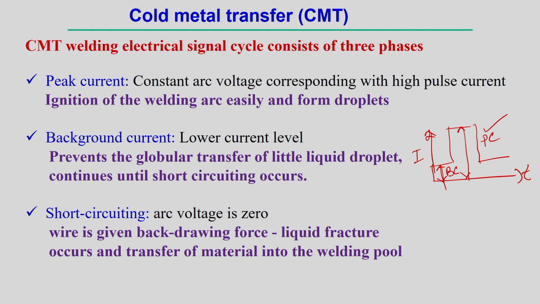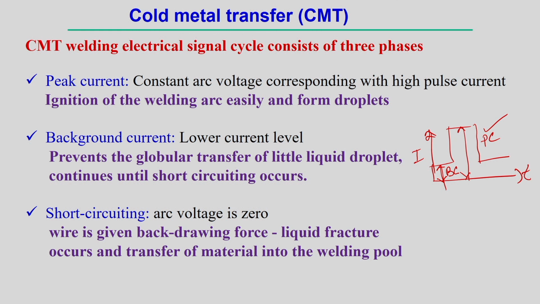With the application of the pulse current, when the droplet forms, we can control it so that it does not have sufficient time to grow to a bigger size. Once a particular size is reached, the droplet is accelerated by following the lower level of background current. This prevents globular transfer of the liquid droplet and continues until short circuiting occurs.